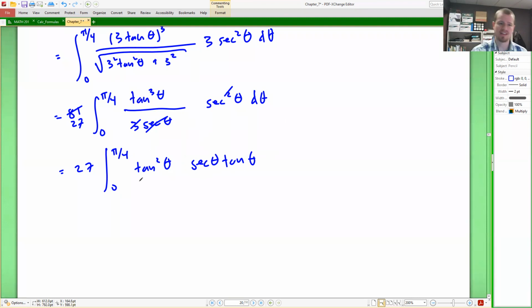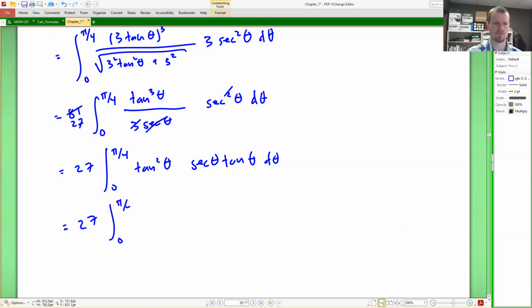When the power of tangent is odd, we go ahead and pull off a factor of tangent. So we have a secant tangent factor, allowing us to let u be secant theta, and du would then be secant theta tangent theta. So I also have to convert the tangent squareds to secants.